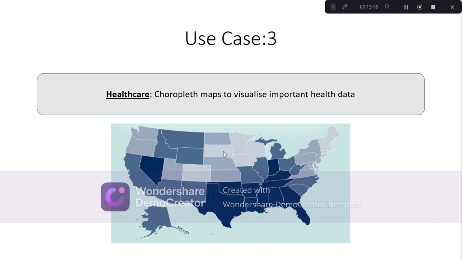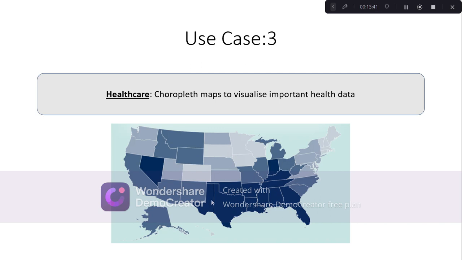So for example, heart diseases, which country has heart diseases? Let's take a real life example like corona cases, which is happening throughout the world. In this country there are the highest number of corona cases, and in this country there are slightly fewer cases. To represent all these, each country has a different color.